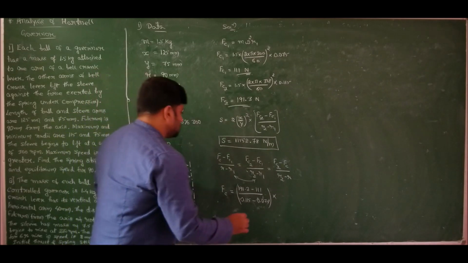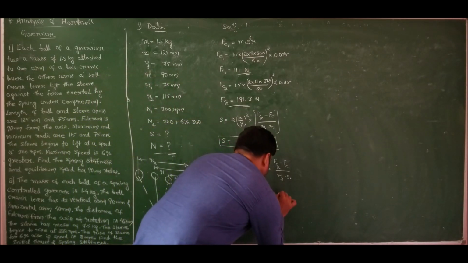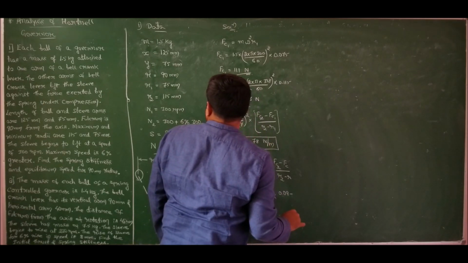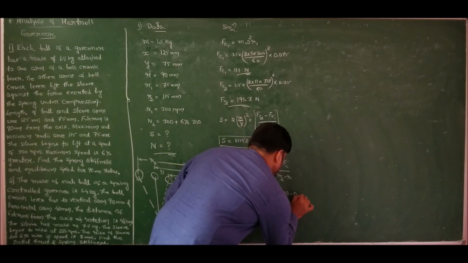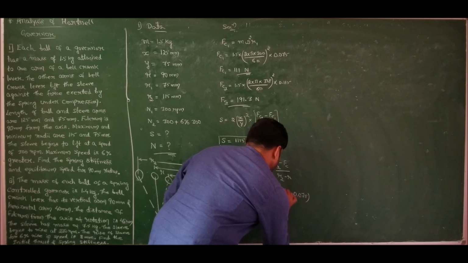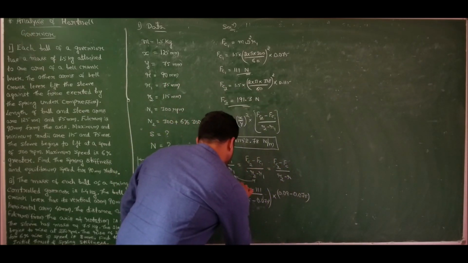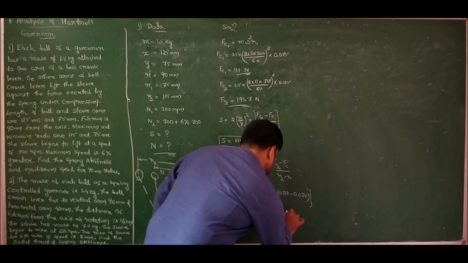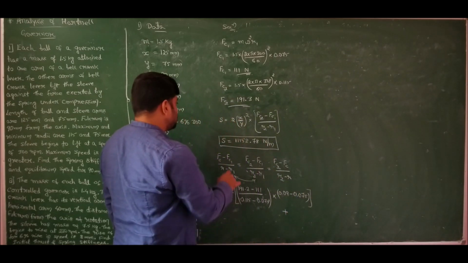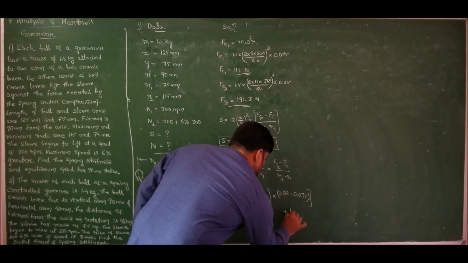The value of R is 90 mm, that is 0.09, minus R1 which is 75 mm, that is 0.075, and this must be added with Fc1, and Fc1 is 111.